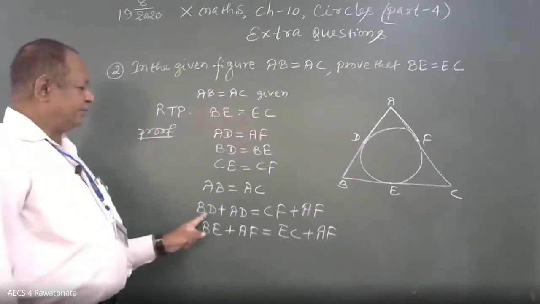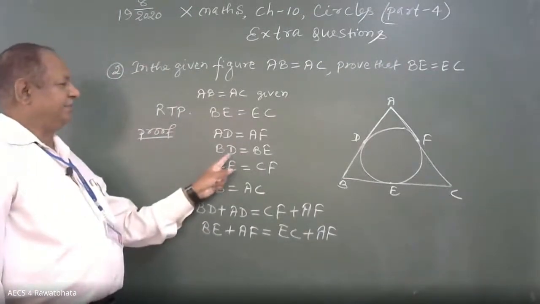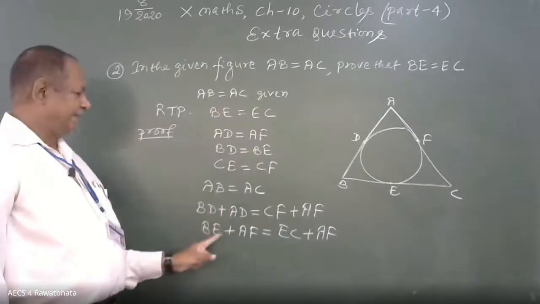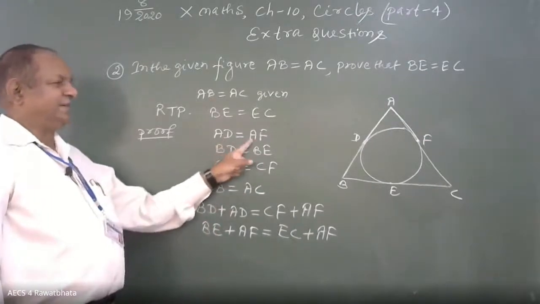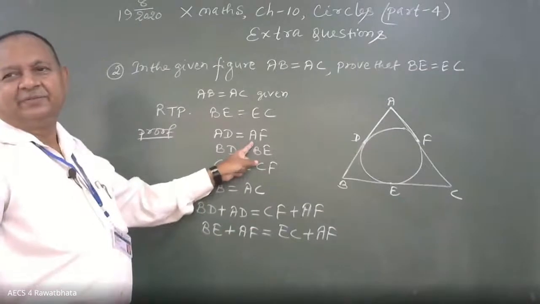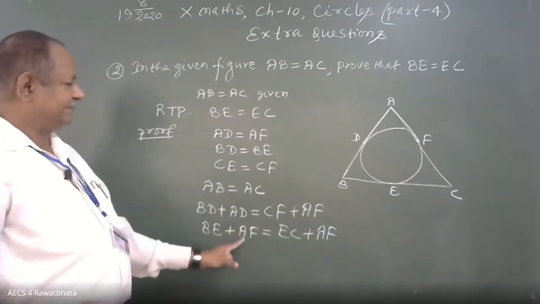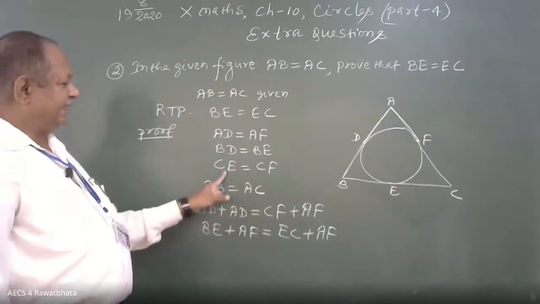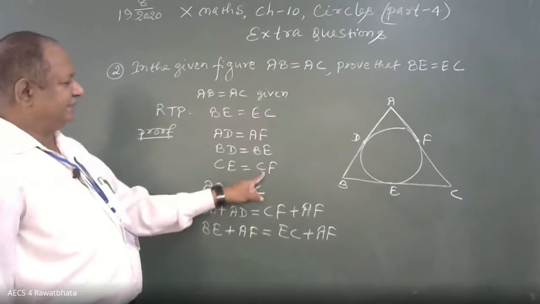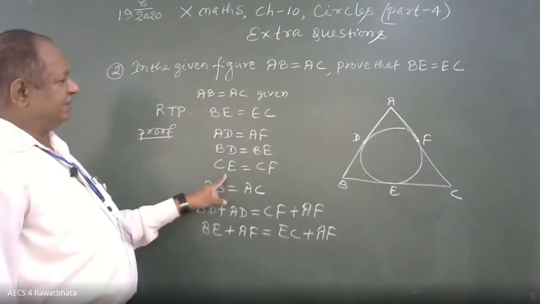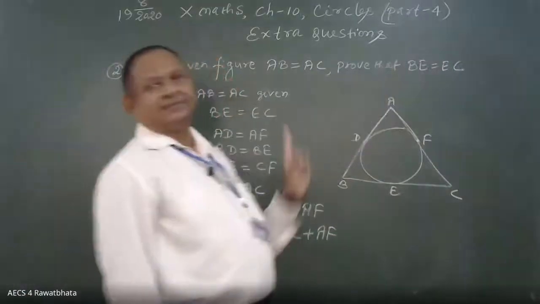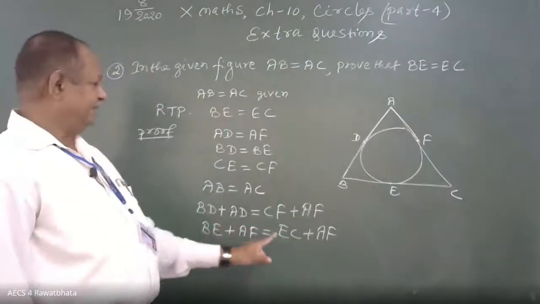So in place of BD we have written BE. In place of AD we have written AF. In place of CF we have written CE or EC, because we have to prove EC.